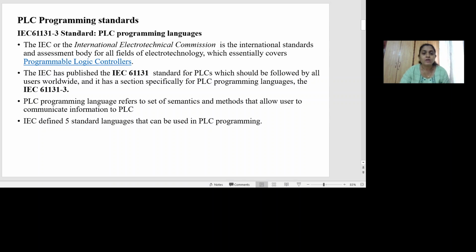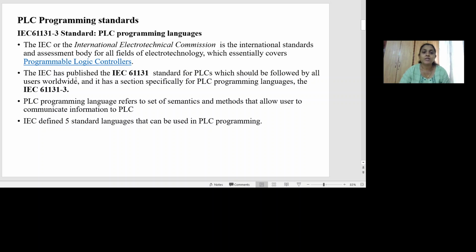For programming the PLCs, some standards have been developed, and those standards are developed by the IEC, International Electrotechnical Communication. It is an international standard body which gives the ground rules or the standards in the field related to electrotechnology.